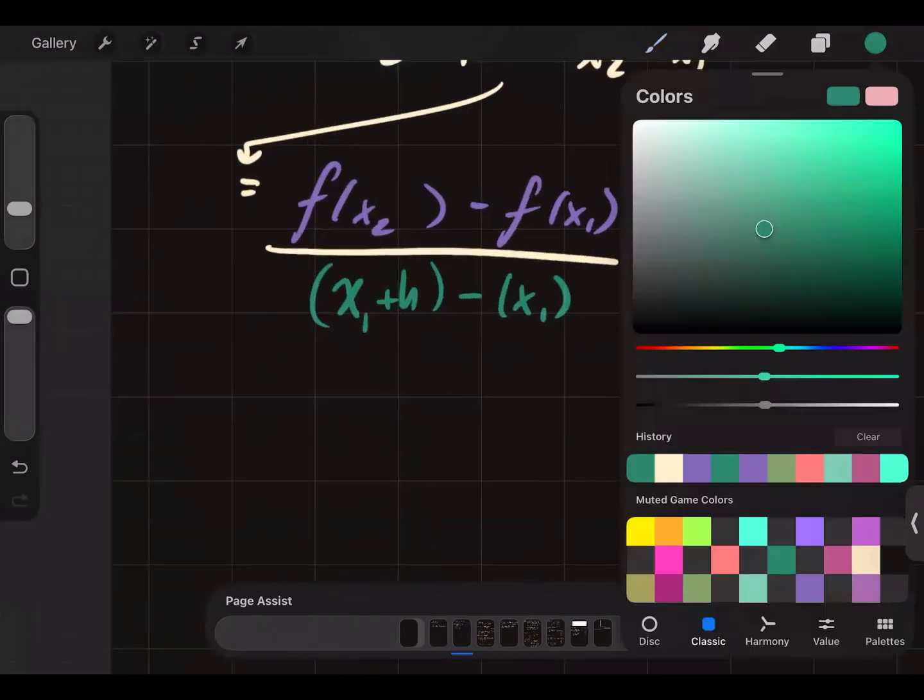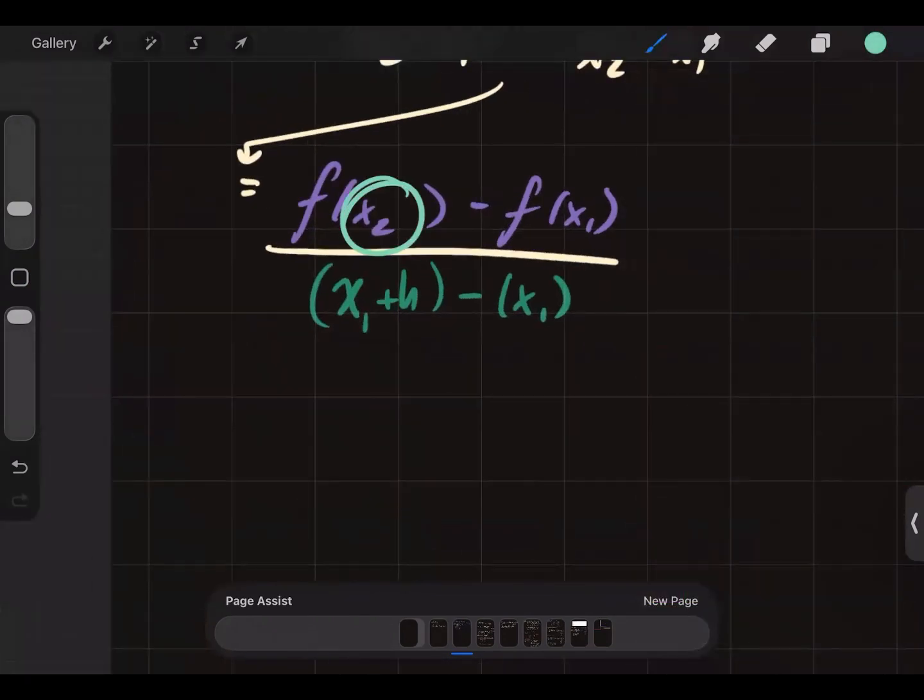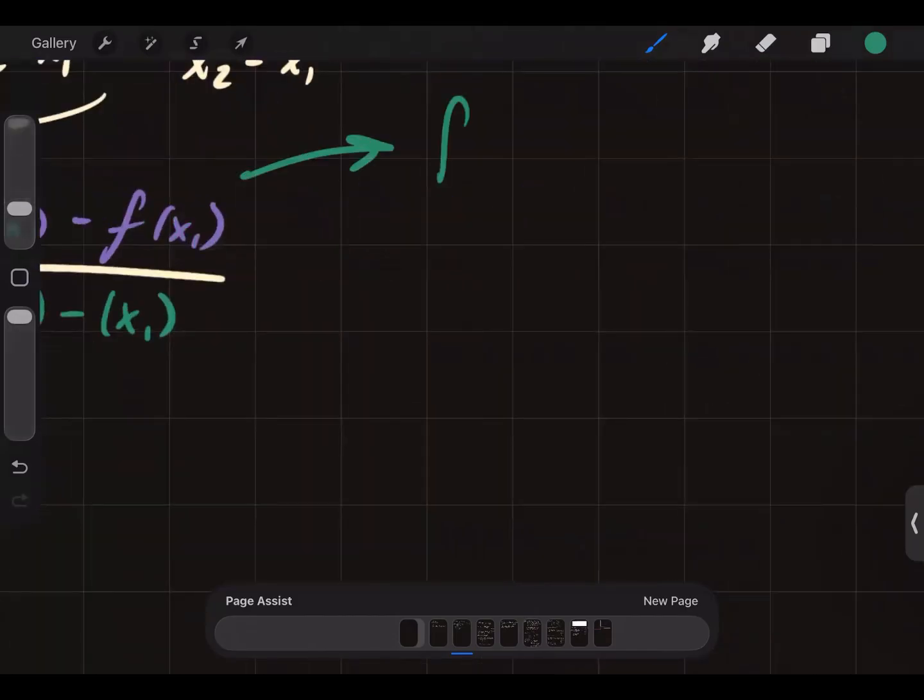So actually, we want to rewrite that as replace x2 with x1 plus h. Okay. God, I would make a terrible YouTuber, huh? Please do not write f of x1 plus h as f of x1 parentheses plus h or f of x1 plus f of h. That's almost never true for most functions. All right. Parentheses are important.